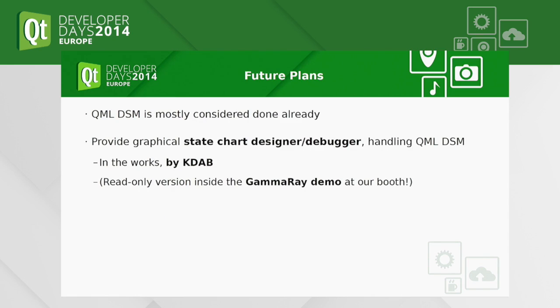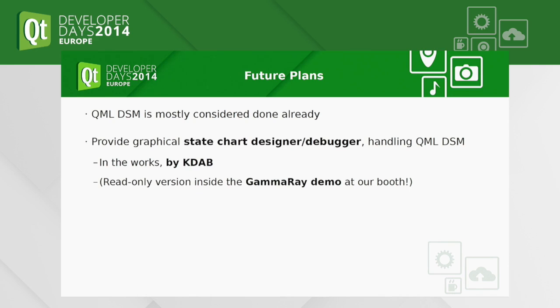What are our future plans? So QML DSM itself is considered done already. The first commit we did was basically mostly done. And it's actually just a really small wrapper around the Qt State Machine Framework. So it's really not that much code, but it's just to be able to use that from within QML.